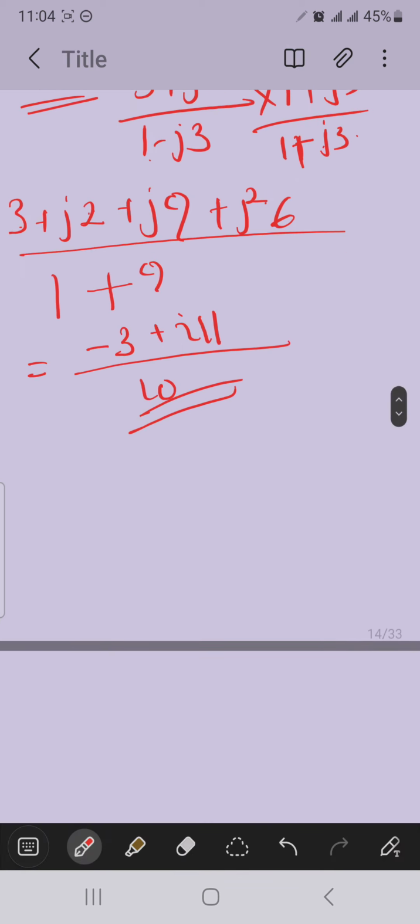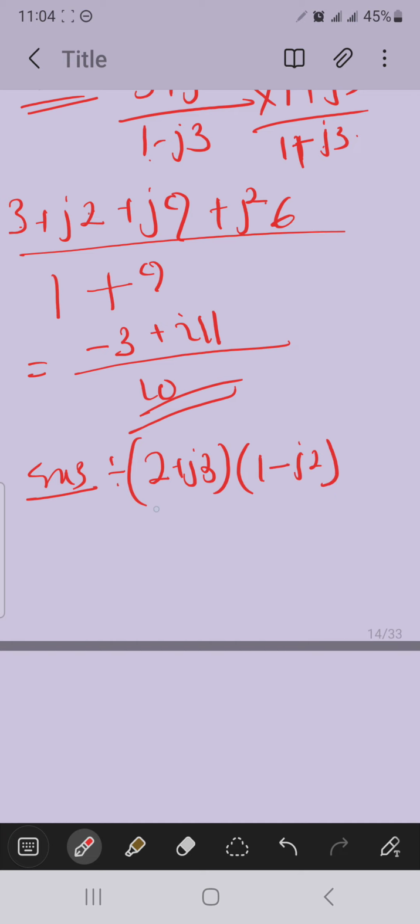You can have the last example, example 3, whereby you have (2 plus j3) into bracket (1 minus j2) all over (3 plus j4). So when you want to do this, the first thing you are going to do is make this denominator a single complex number, in which you have only an imaginary and a real part.